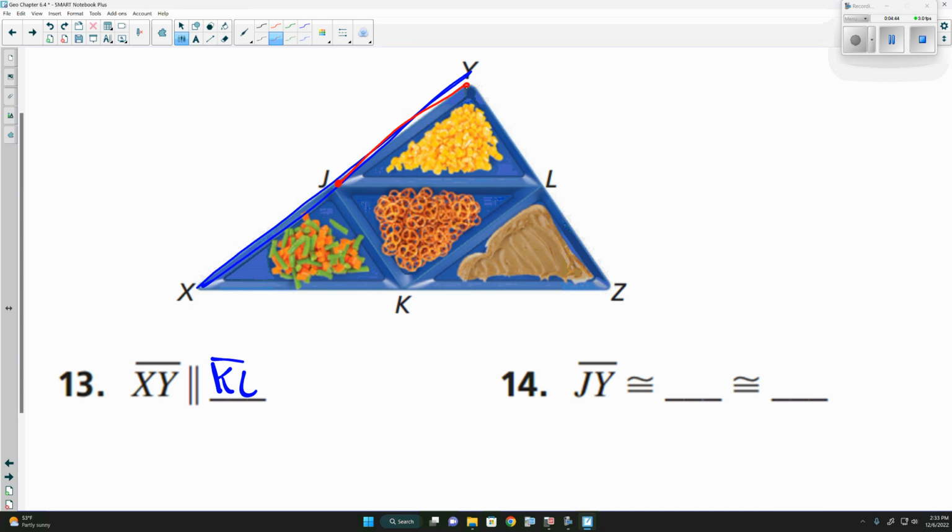So J to Y. Now, we said J is a midpoint. So that means it also has the same length as... Now we need to determine what other length would also be congruent. So here, this length is half the length of its third side.